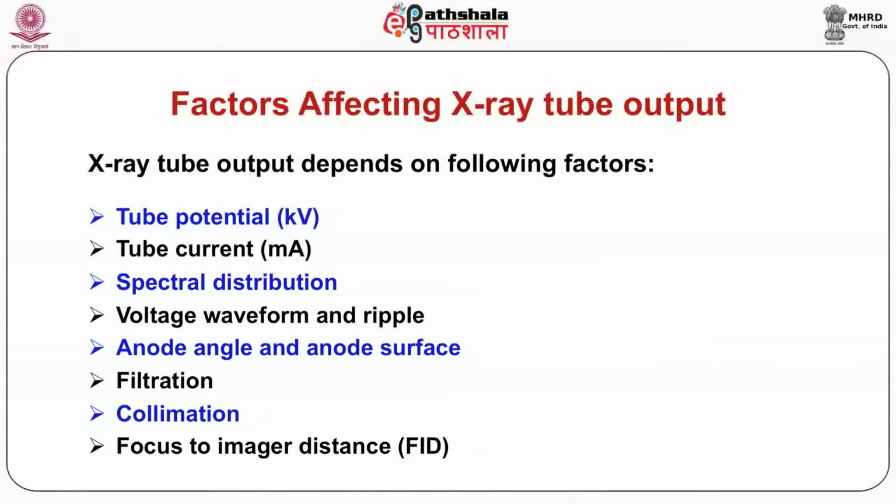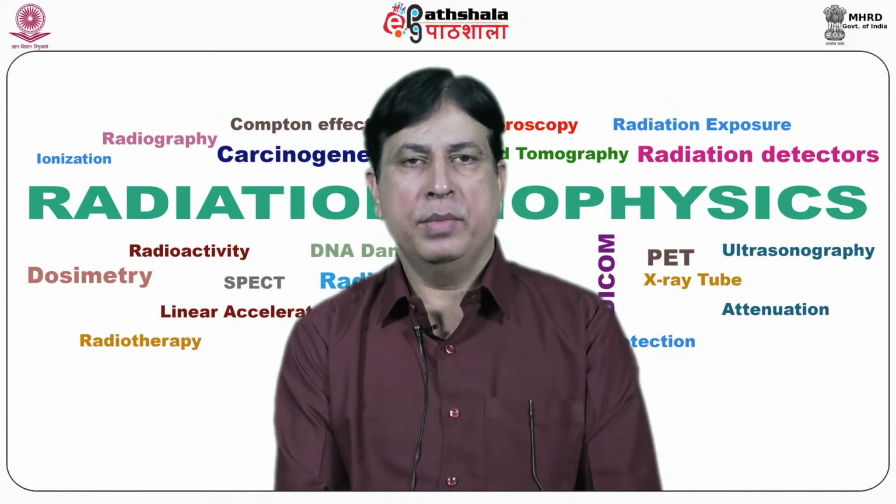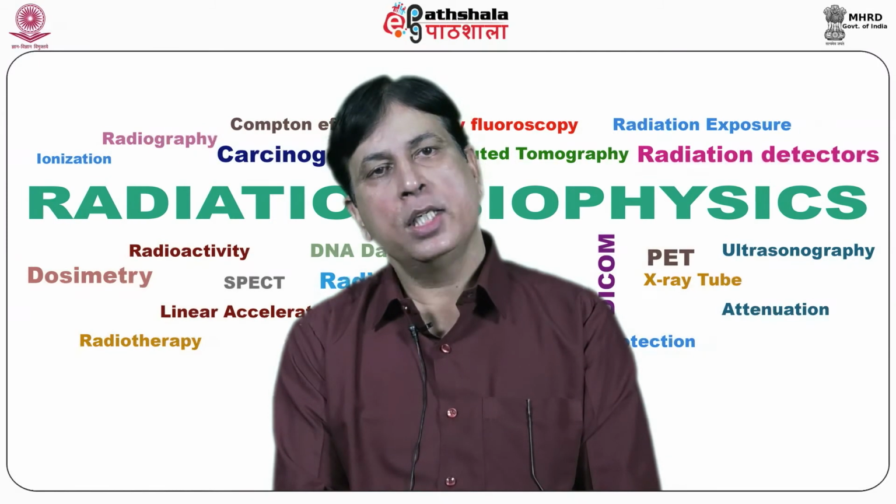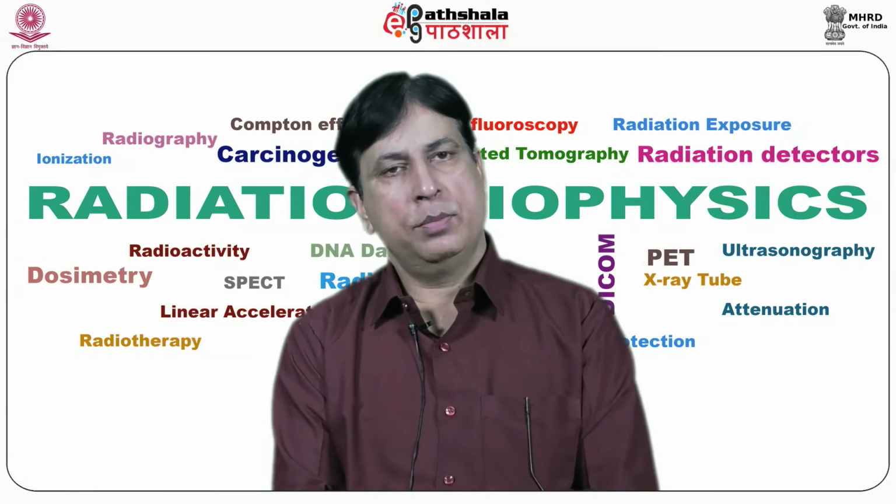These parameters are target material, tube voltage, tube current, a spectral distribution of photon fluence, which is also specified in terms of half value thickness, voltage waveform, anode angle and anode surface, filtration, collimation, and focus to point of interest distance, that is distance of image plane.